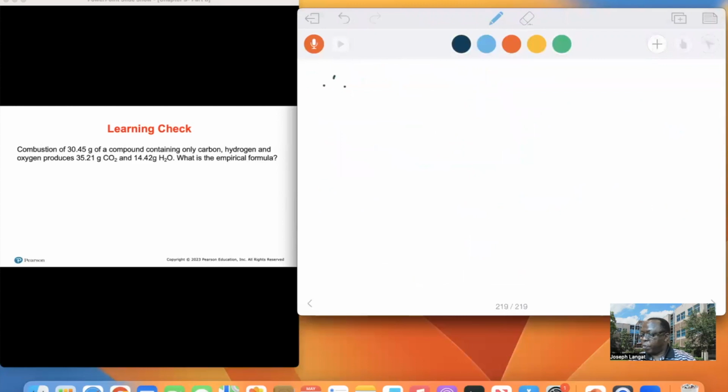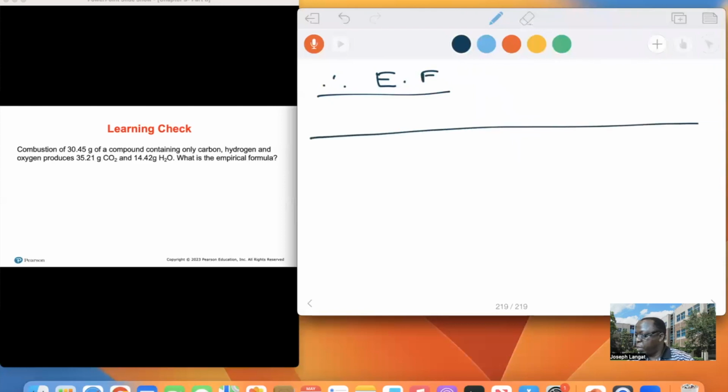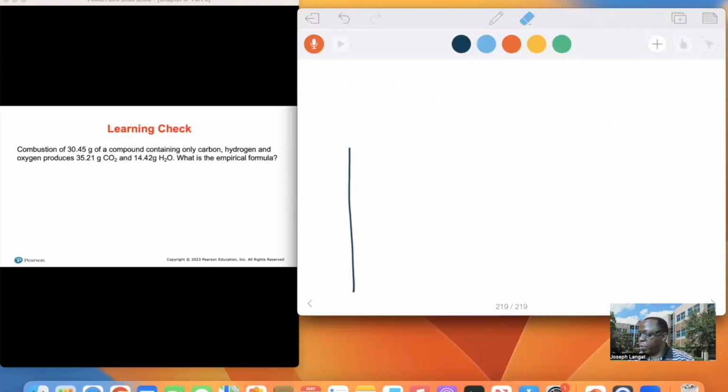We say therefore, the empirical formula for this compound is determined by this. So let me just erase this right here, and I'll say the empirical formula. I just want to have enough space for that.